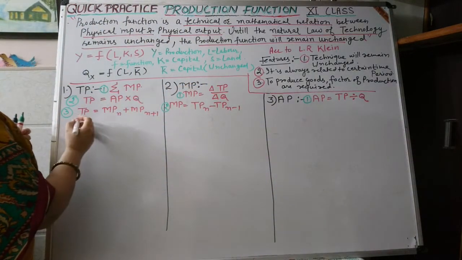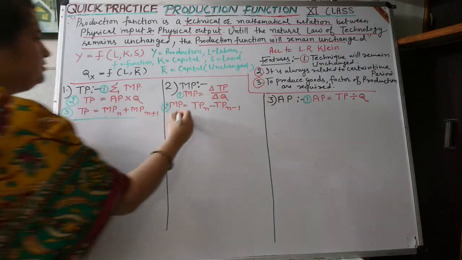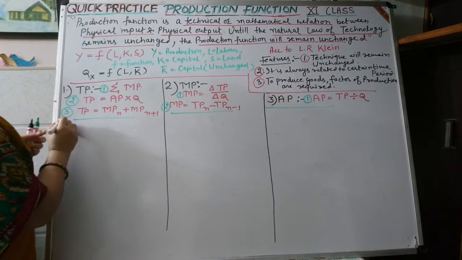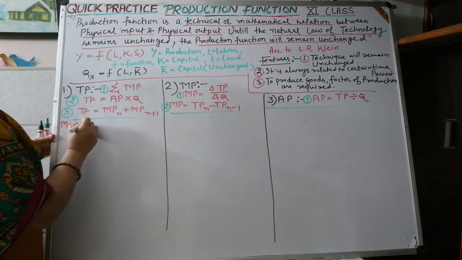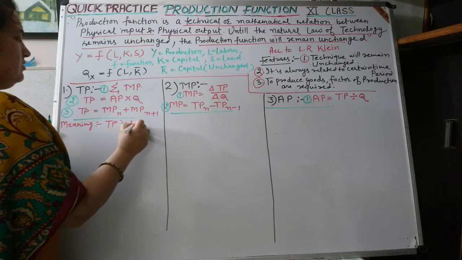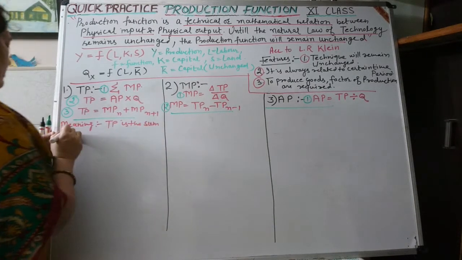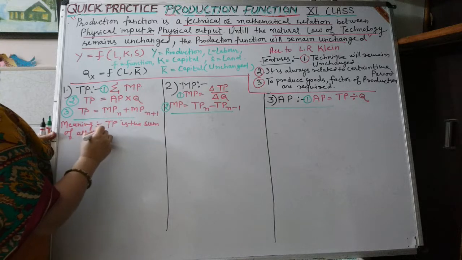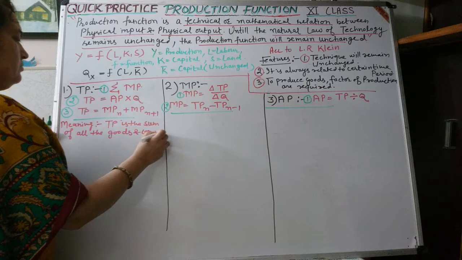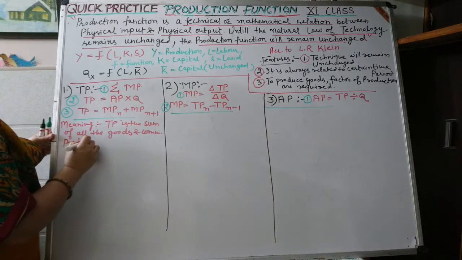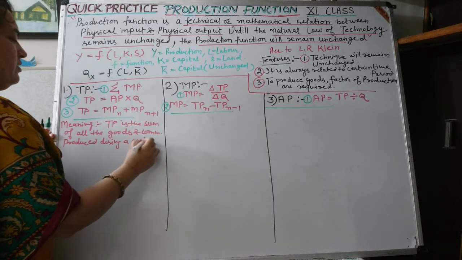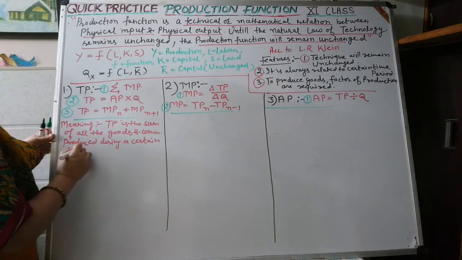Now let us write down what is meant by total production. Total production is the sum of all the goods and commodities produced during a certain time period.